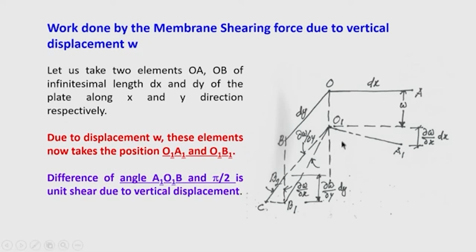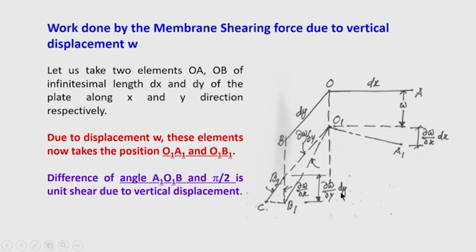Now, the slope along the x direction is del w by del x. So, naturally, for a small angle we can write the increment of deflection at this end as del w by del x into dx. For the increment of deflection along the y direction, if del w by del y is the slope along the y direction, then the increment of deflection B1 B2 is equal to del w by del y into dy.